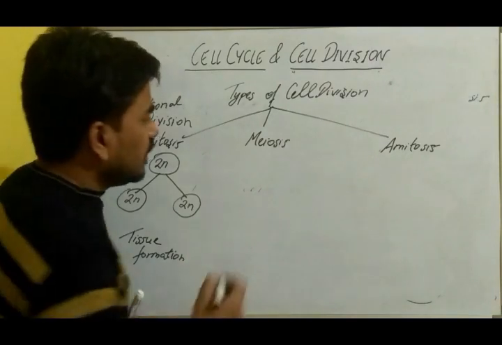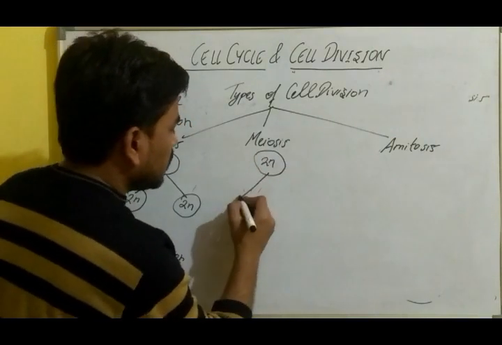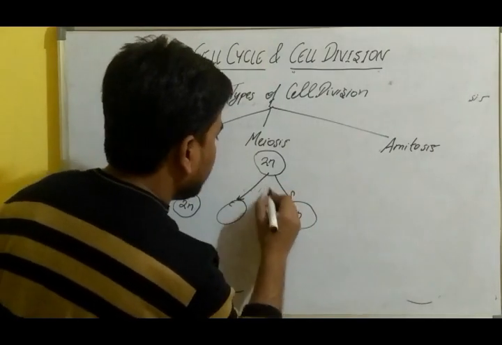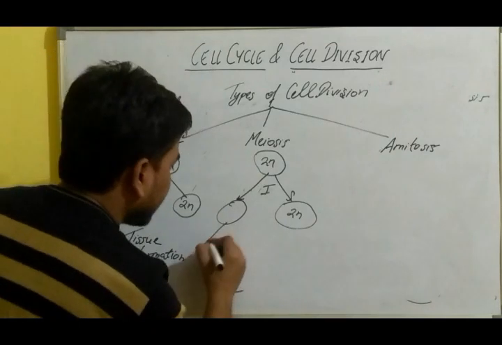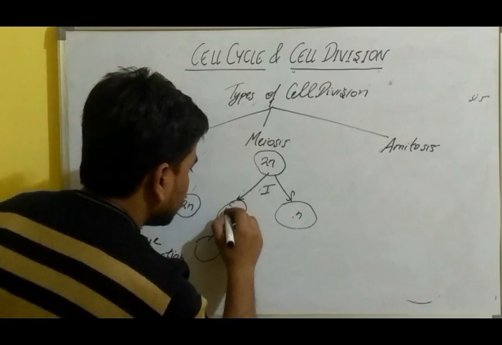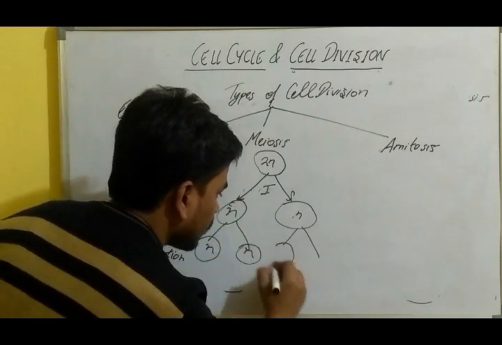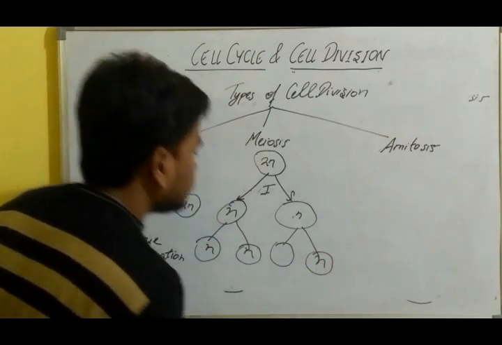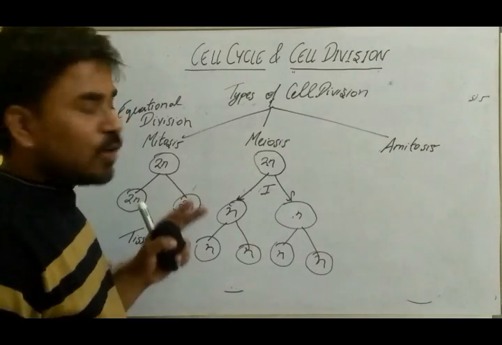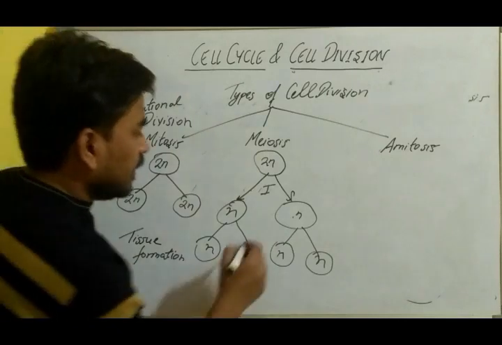In meiosis, the diploid cell divides in two stages, first stage and second stage. So in meiosis, a diploid cell divides into four haploid daughter cells in two stages.